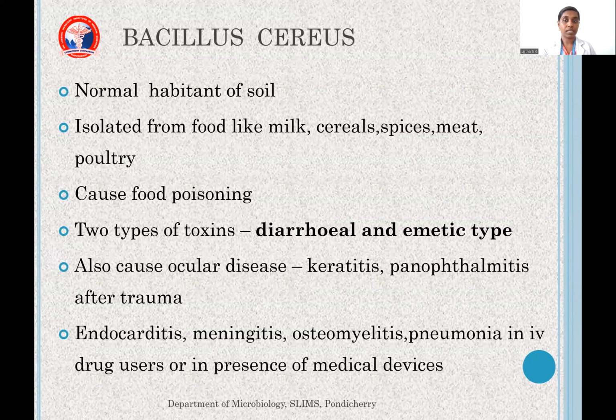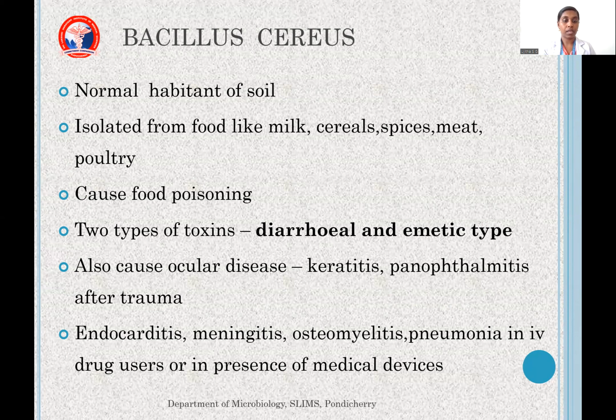Now coming to Bacillus cereus. Bacillus cereus is normally present in the soil, and it is isolated from food like milk, meat, poultry, etc. And it is known to cause food poisoning. Other than food poisoning, it can also cause other infections like ocular disease, keratitis, endophthalmitis, panophthalmitis after trauma.